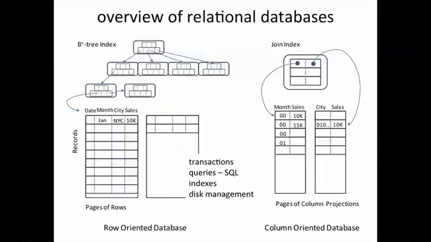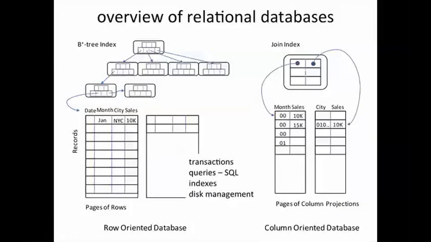And for such situations, column-oriented databases have been developed in the past decade or so, especially to take care of situations where the number of columns is very large and only queries need to be supported rather than transactions. In a column-oriented database, unlike a row store, sets of columns are stored together in disk blocks.